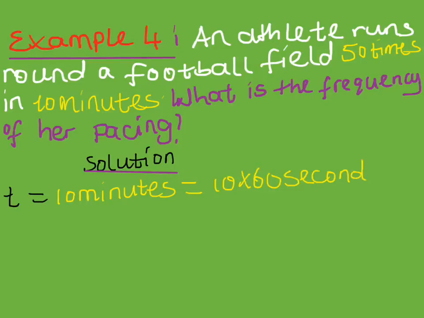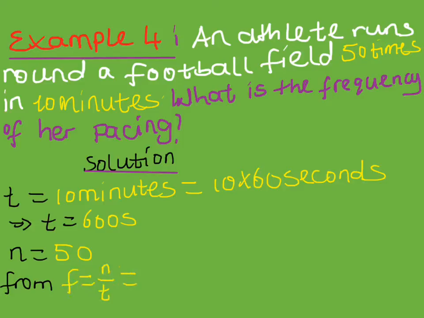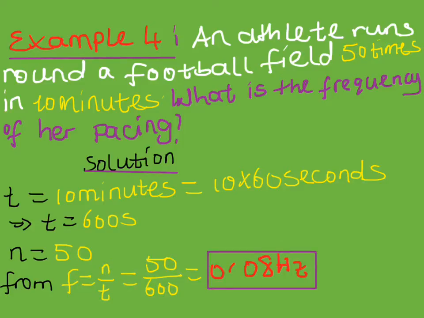Time is 10 minutes. Converted to seconds gives 10 times 60 seconds, which gives 600 seconds. And our F will be given as 50 over 600, which gives 0.08 Hertz.